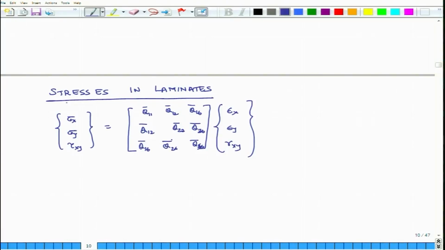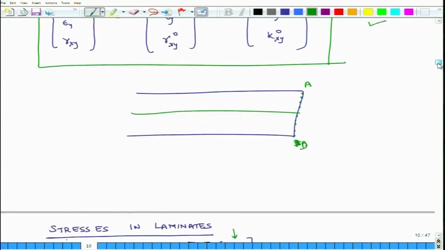Right. So, if I know the values of epsilon x, epsilon y and gamma x y, and if I know the lamination sequence, suppose I am interested in finding the stress at this point.